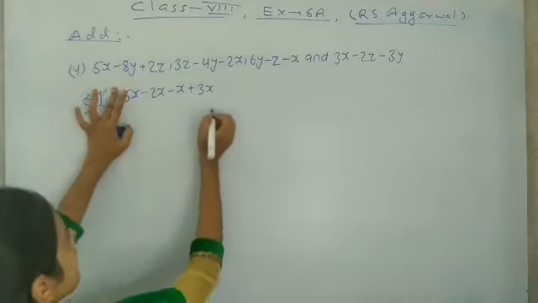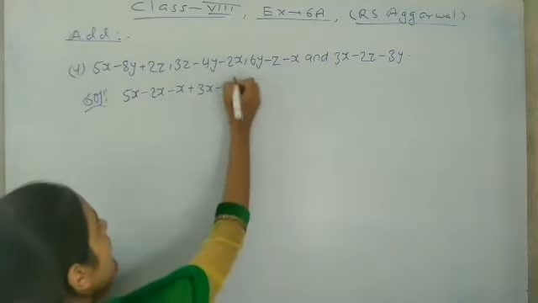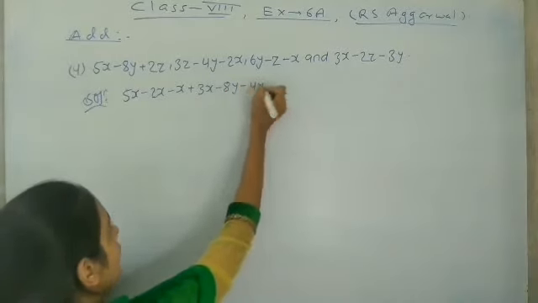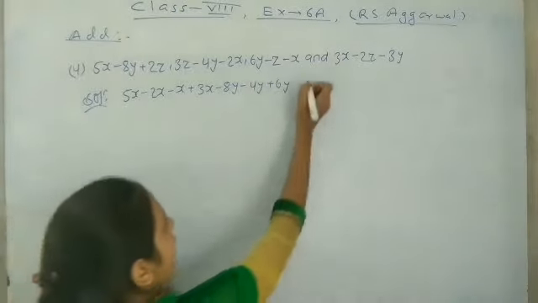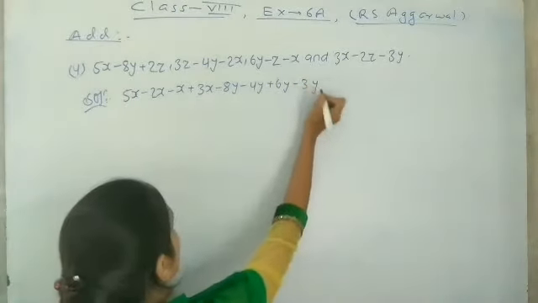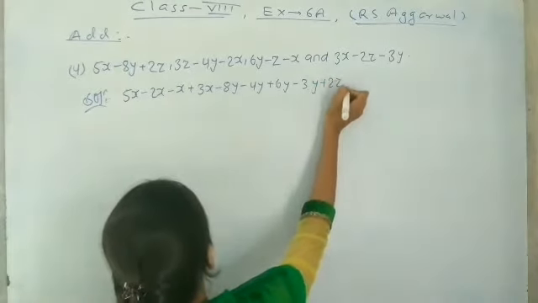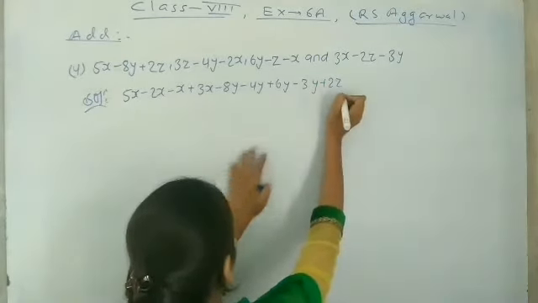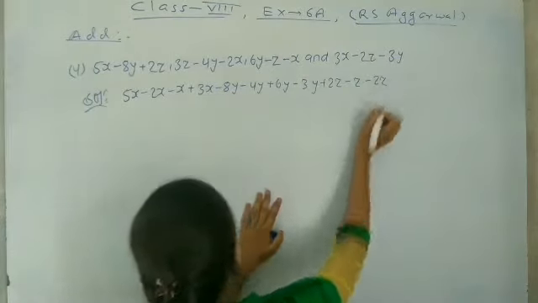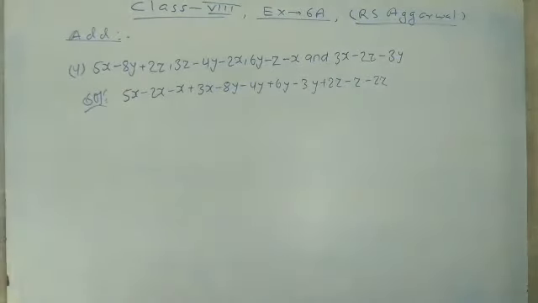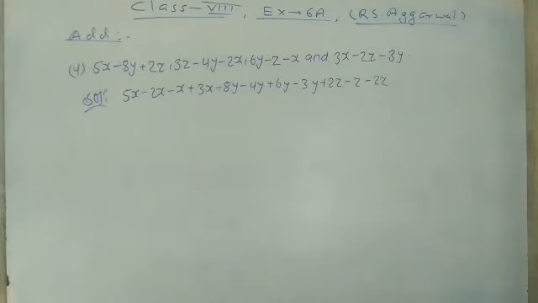And then minus 8y. We will write the terms of y, 8y, and here minus 4y, here comma means plus 6y, here minus 3y, and we will write of z. So plus 2z. Where is z? Minus z, minus 2z. Now plus, minus, minus. So here will be 3x.